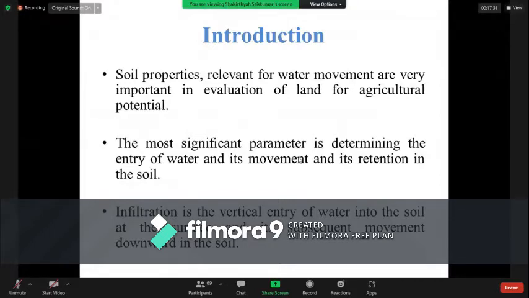Infiltration is the vertical entry of water into the soil at the surface and its subsequent movement downward in the soil. The infiltration capacity of the soil is very important for agricultural purposes.